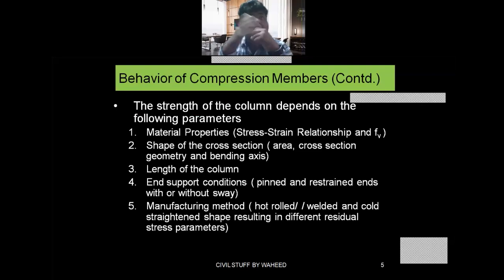Means without loading, some stresses will be developed inside the column member. How? Suppose the column is made by welding. We create metallurgical bonds using some temperature, and because of that, internal stresses may develop inside the member. Those are nothing but residual stress parameters.